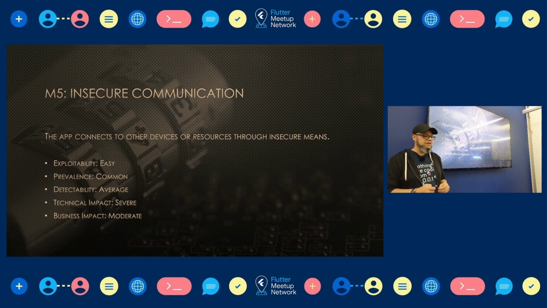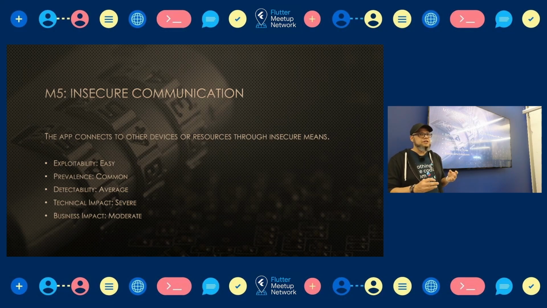Moving on to M5, insecure communication: the app connects to other devices or resources through insecure means. The usual risks of insecure communication are always about integrity, data confidentiality, and origin integrity.